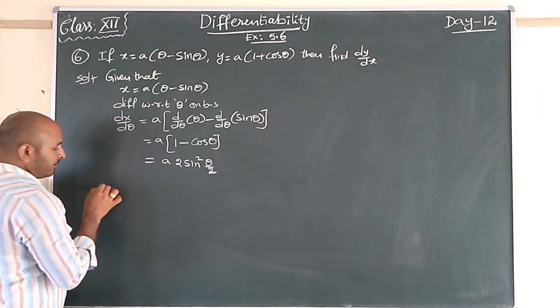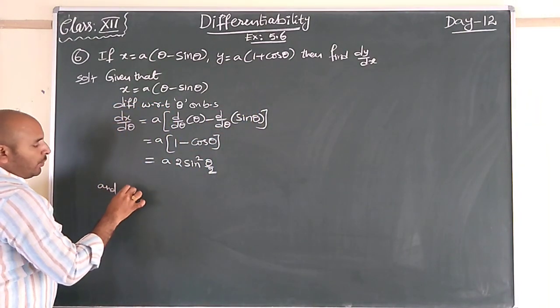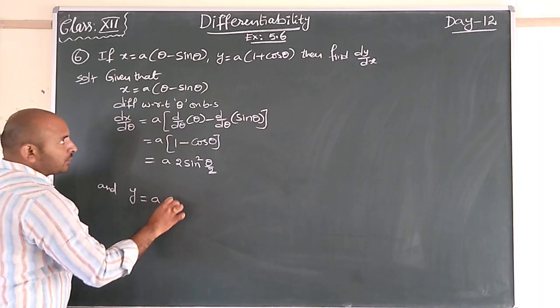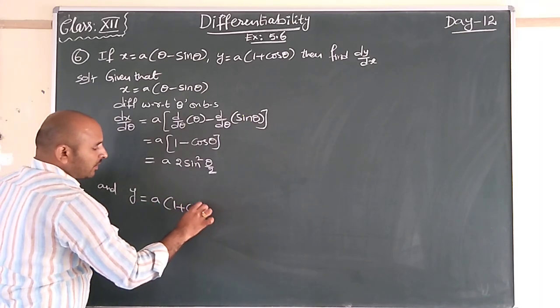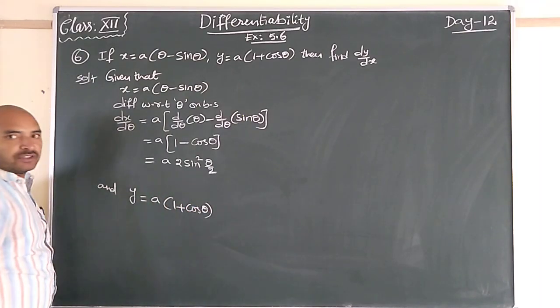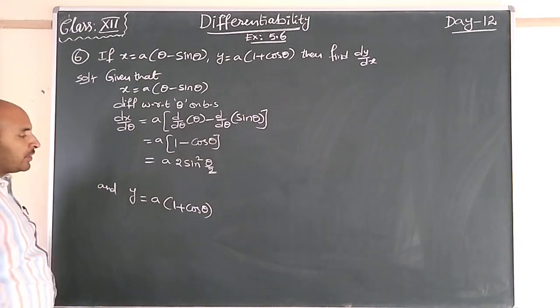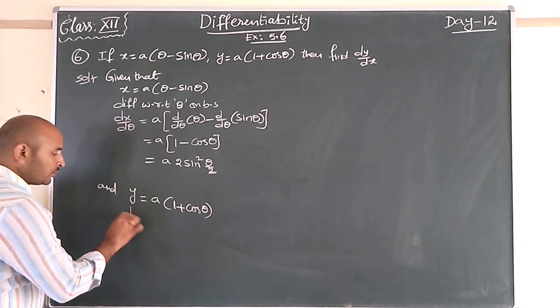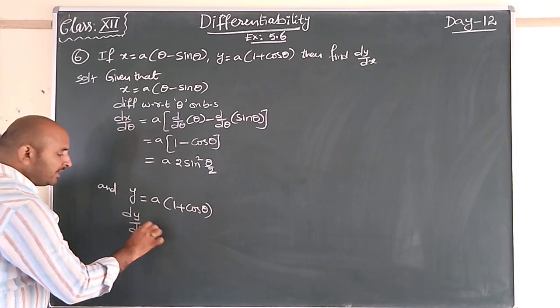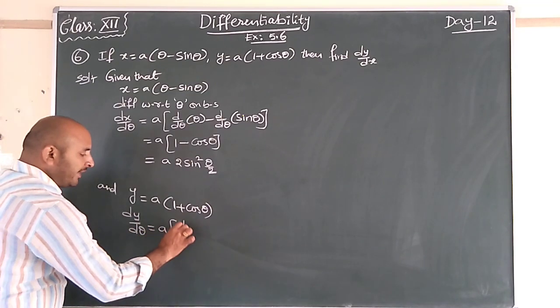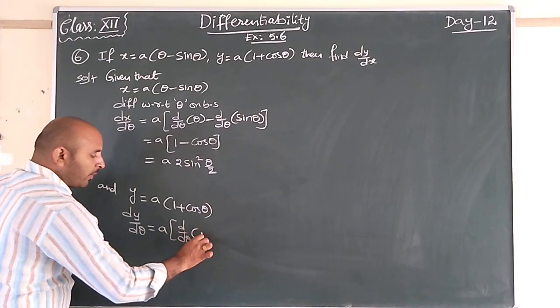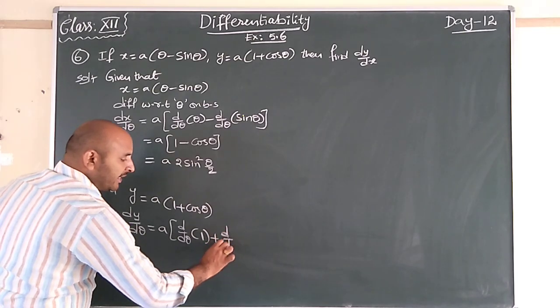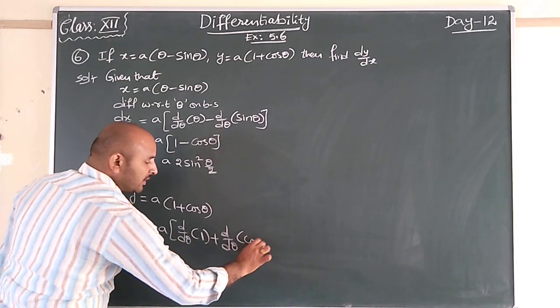So next, y is equal to a into 1 plus cos theta. Differentiate with respect to theta on both sides. So dy by d theta is equal to a into d by d theta of 1 plus d by d theta of cos theta.